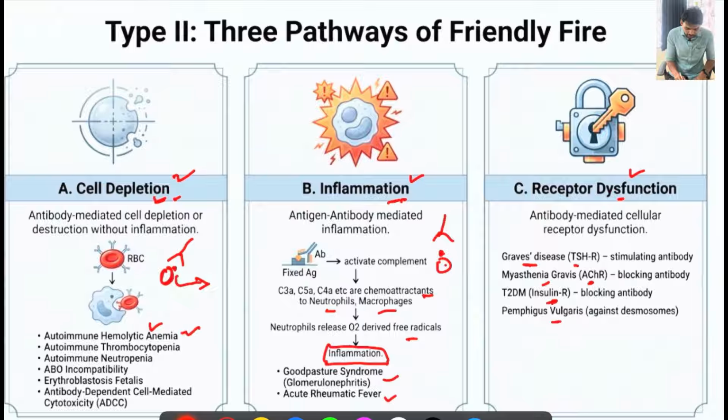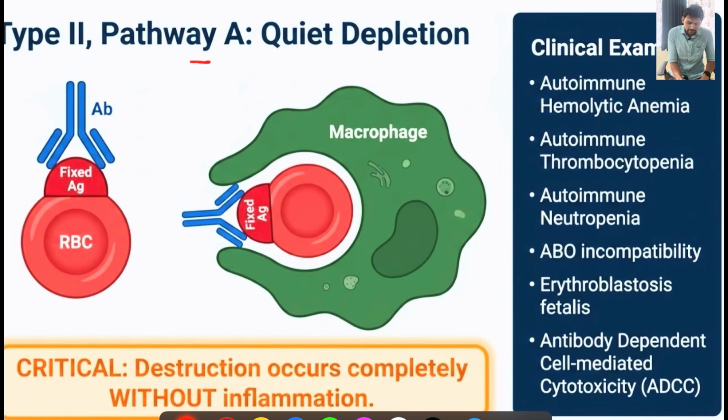Just to revise, autoimmune hemolytic anemia, autoimmune thrombocytopenia, autoimmune neutropenia and glomerulonephritis, acute rheumatic fever and some receptor related manifestations like Graves' disease, myasthenia gravis, type 2 diabetes and pemphigus vulgaris. And just to mention about the pathway A, that is quiet depletion, where the abductors or the outsiders are just quietly taking away the antigen.